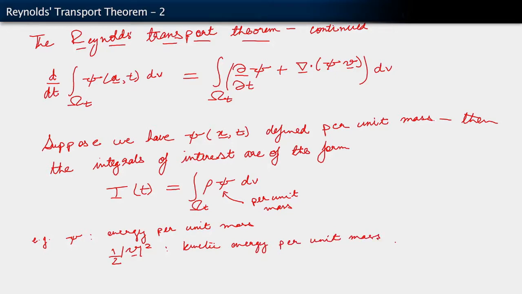In fact, if you just look at v itself, v can be thought of as simply the momentum per unit mass.